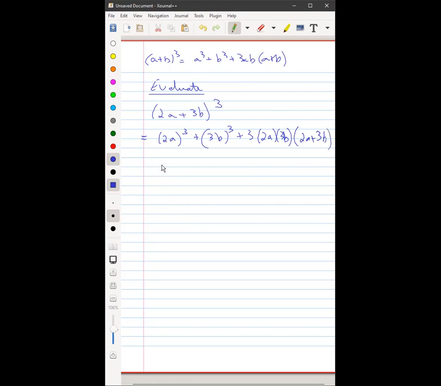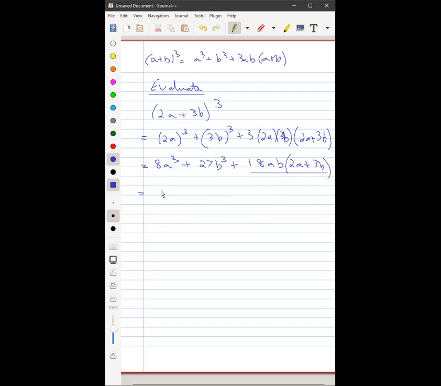Which will be 8A cube plus 27B cube plus 2 3s are 6, 6 3s are 18AB into 2A plus 3B. Okay, further expand because we cannot leave a bracket. Whenever we need to expand fully, we need to even open this now.